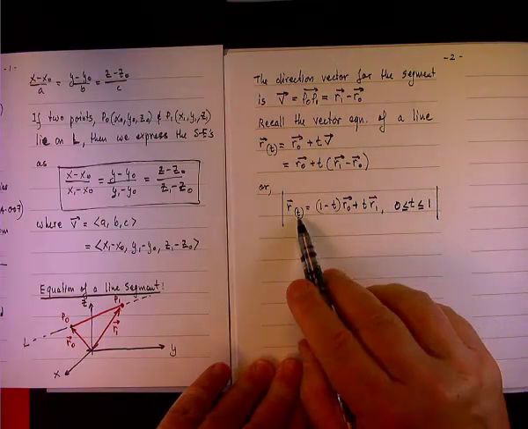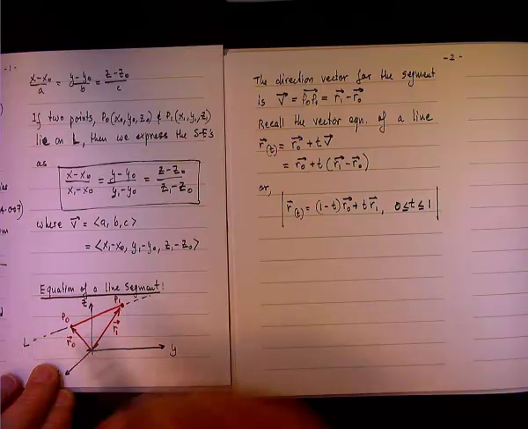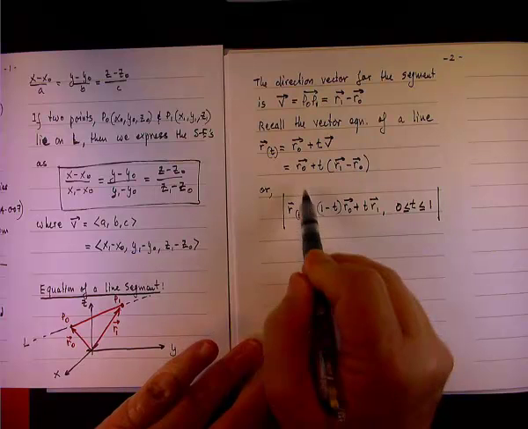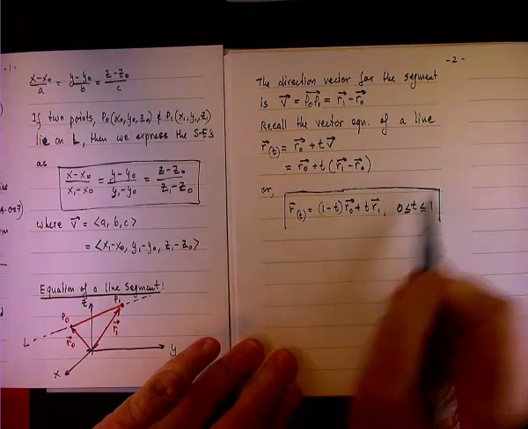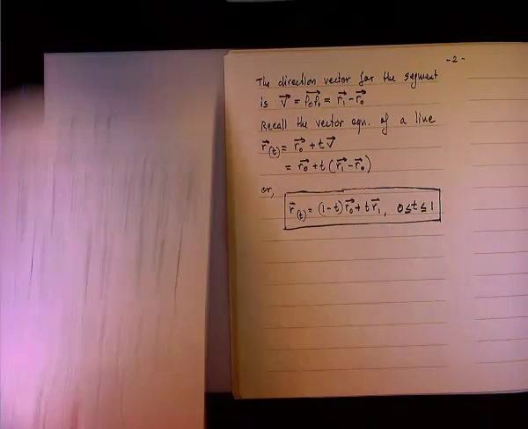So t equals 0 represents the initial point. On the other hand, if t equals 1, then this component is 0 and r equals r sub 1. So t equals 0 corresponds to the initial point of the segment, and t equals 1 corresponds to the end point, the final point of the segment.